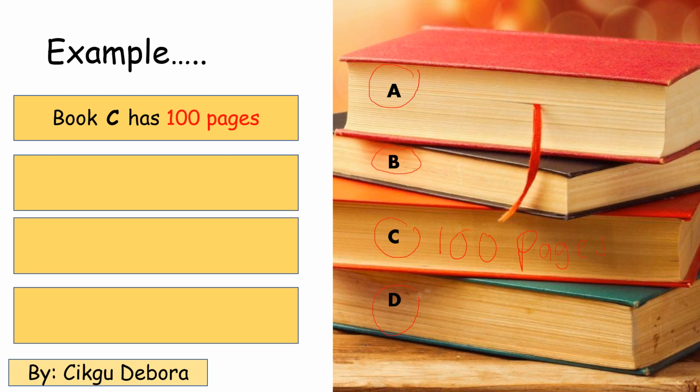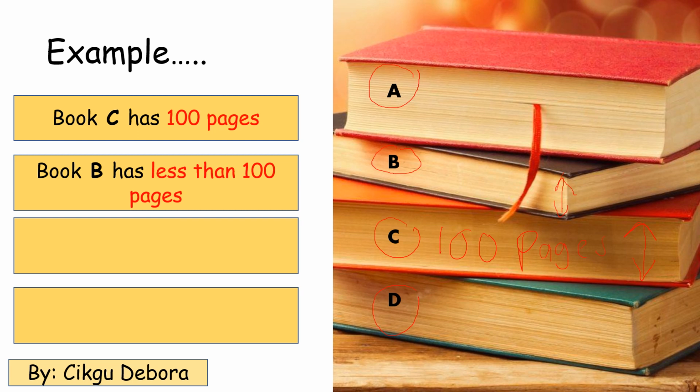As you can see here, we compare the thickness of the book. So if we compare C and B, C is thicker than book B. So we can say that book B has less than 100 pages.